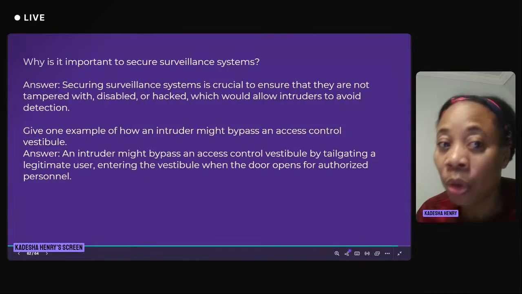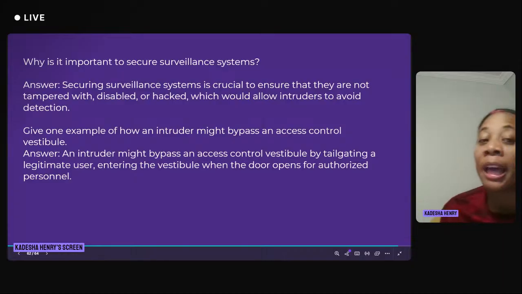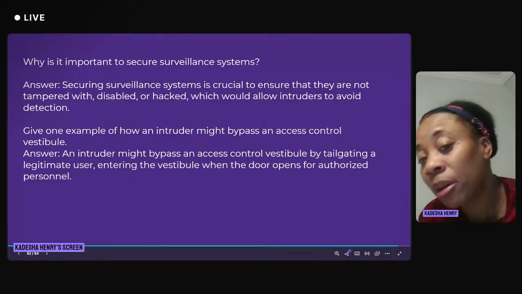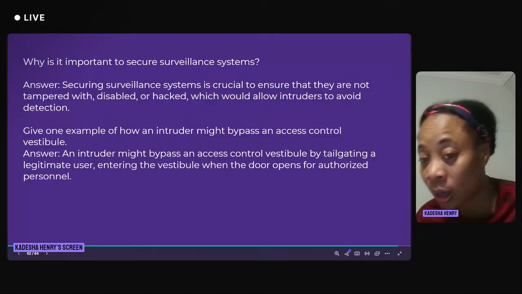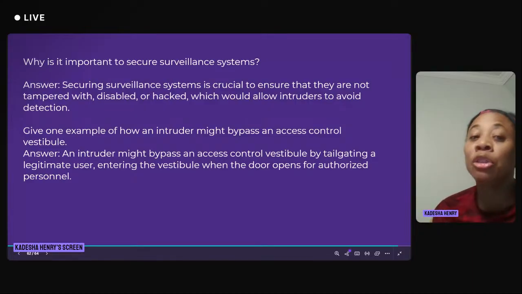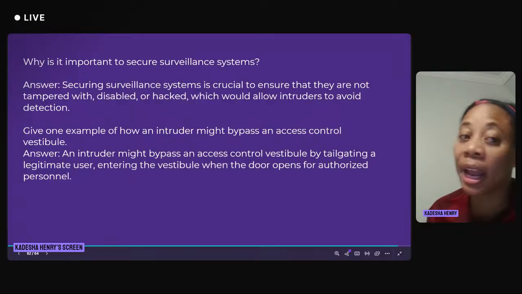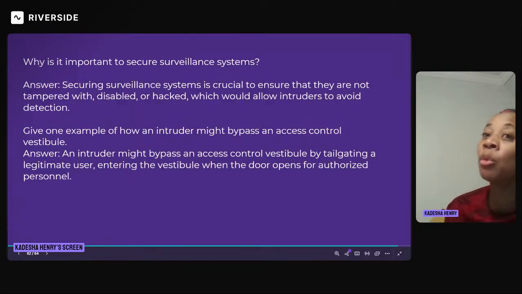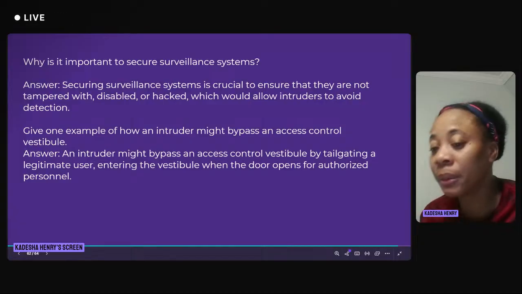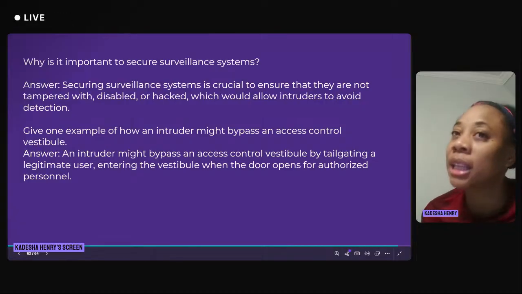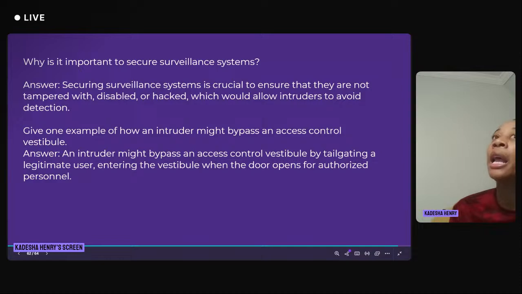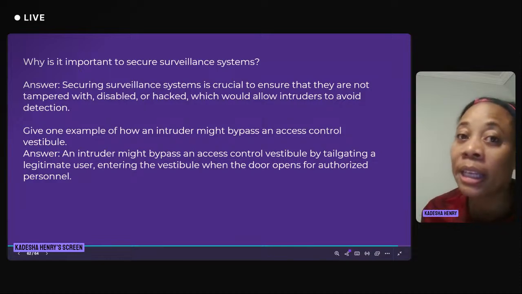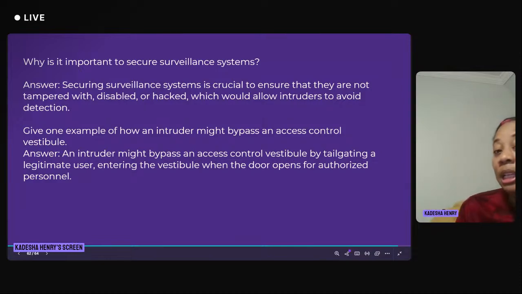Because you have to know in physical security that these cameras must be secured because intruders can disable them, they can hack them, even an insider, and they can tamper with it. That's why a lot of people get away with so many things, because so many times they tamper with the cameras.